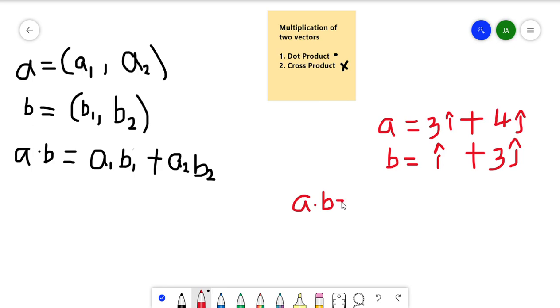gives us, the component of A in the x direction times that of B, 3 times 1, plus 4 times 3.